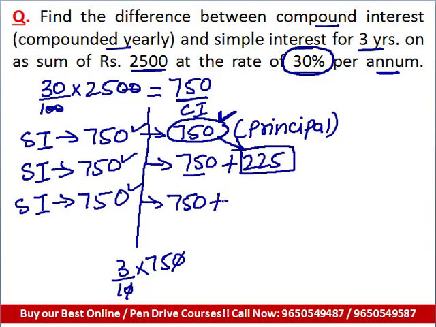And now let's look at the interest on interest component. Let's think of all the interest that you have earned till now. In the first year, you earned this 750. So you will be getting 30% on this 750. That means there will be 225 rupees, because just now we calculated 30% of 750 is nothing but 225.